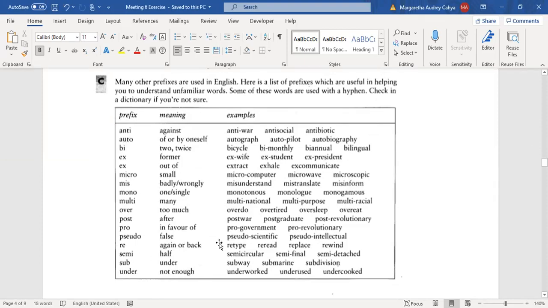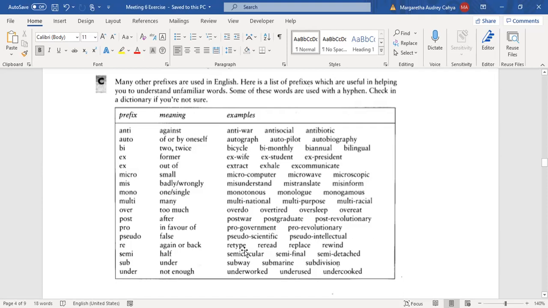Like re is again or back. Oh yeah, re also has a different meaning besides the negative one. Jadinya selain yang artinya not, re itu juga ada yang artinya lainnya, again or back. Nah, retype, reread, replace, rewind.